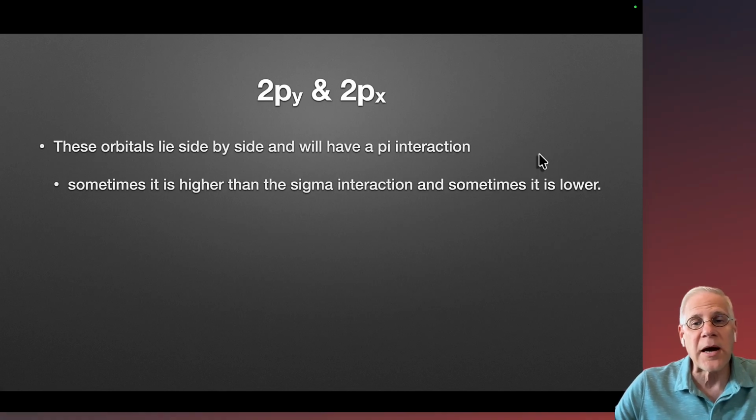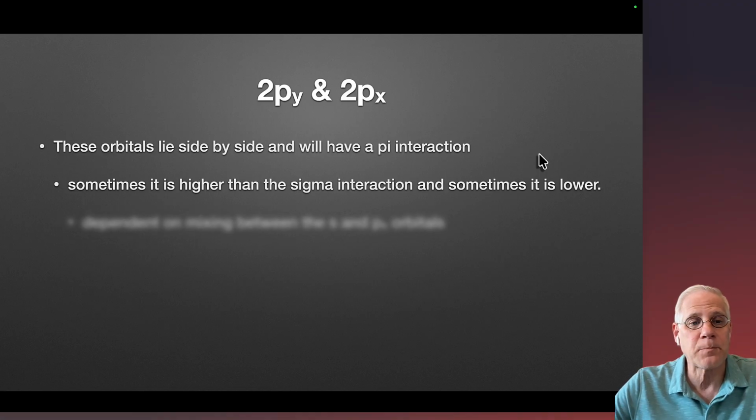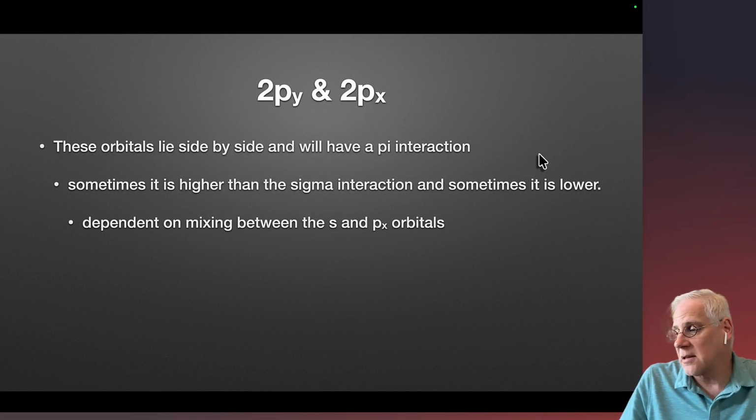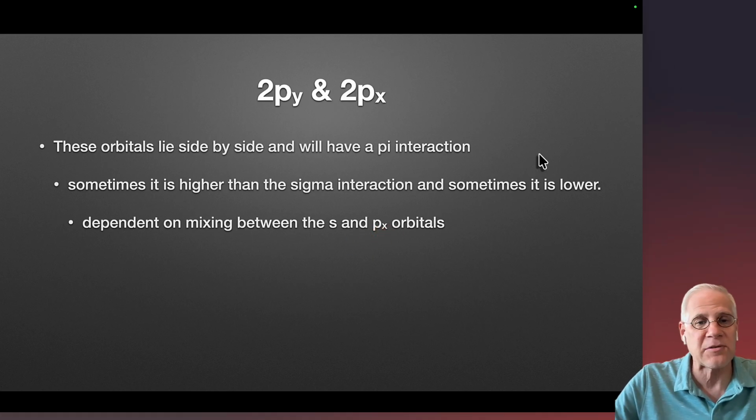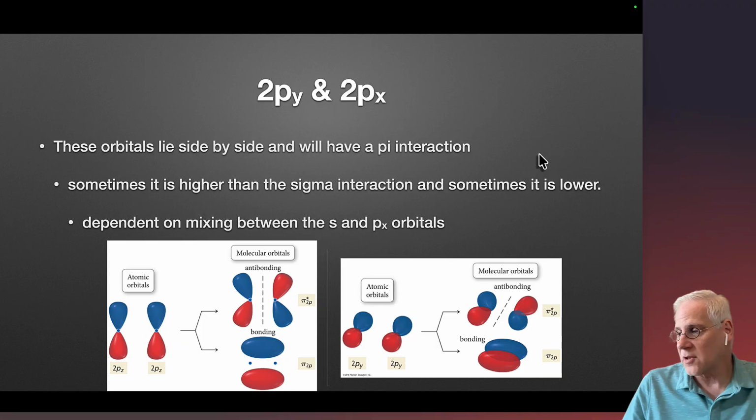So sigma interactions between the 2pz's and the pi interactions between 2py and 2px do swap spots as far as what's higher in energy and what's lower. And what makes that dependent is mixing between the s orbitals and the p, again, that's pz orbitals, not the px. So let's just look at the pi bondings for now.